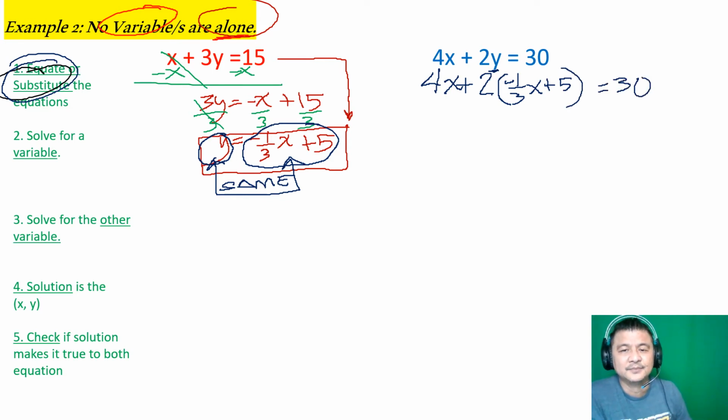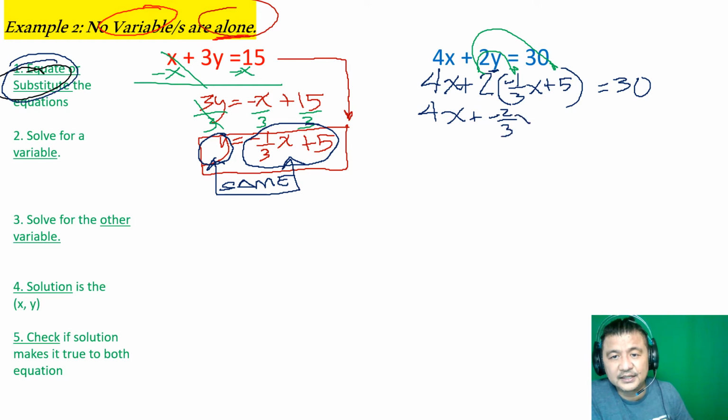All right. So now I remember my distributive property. So that's going to be what? 4x plus negative 2/3 x plus 10 equals 30. Okay, we need to add these two x's together, like terms. 4 minus 2/3, think of 4 as a whole number minus 2/3.